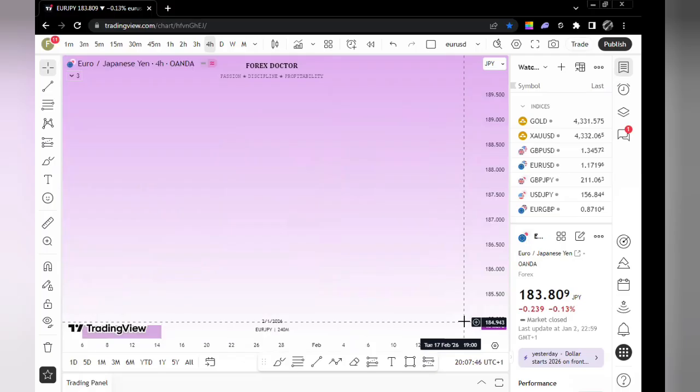Now, the market moves in three ways, or can be categorized into two ways. We have the uptrend, the downtrend, and also the consolidating market. Very simple, basic stuff. I just have to repeat it for the course of this video.